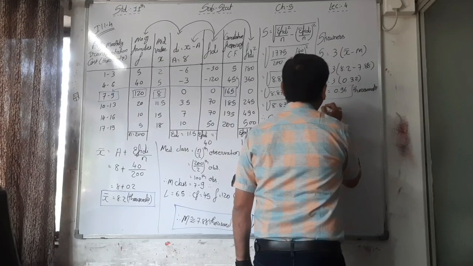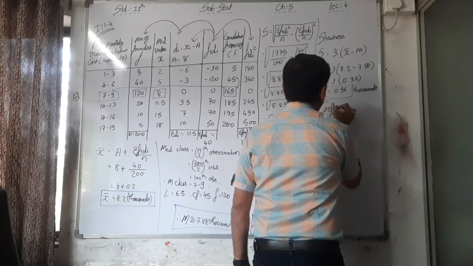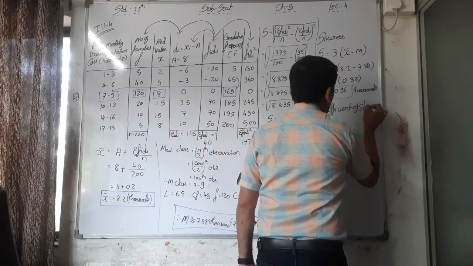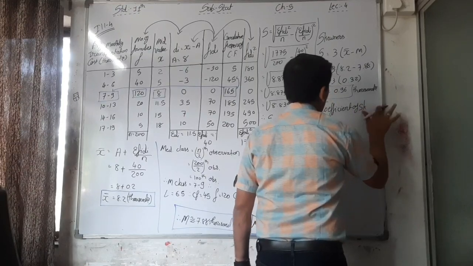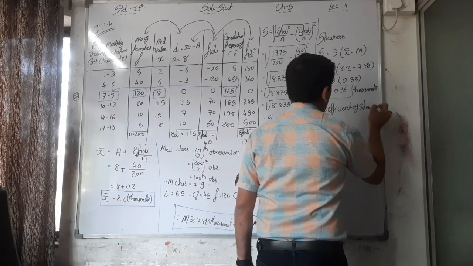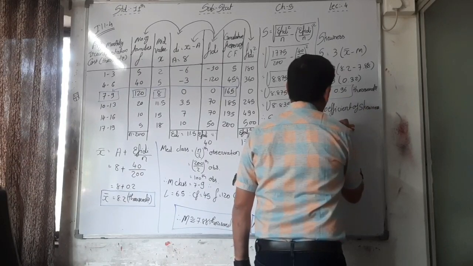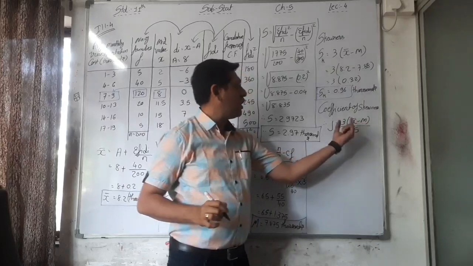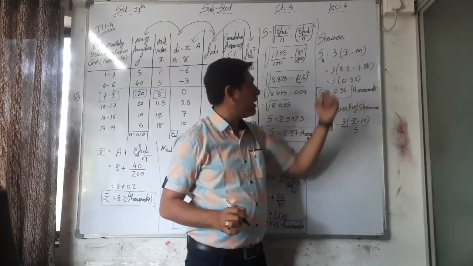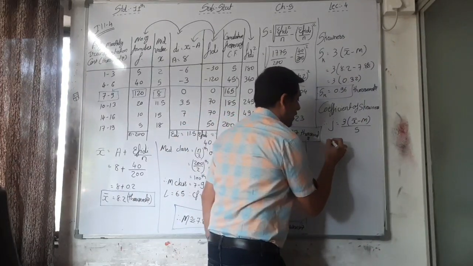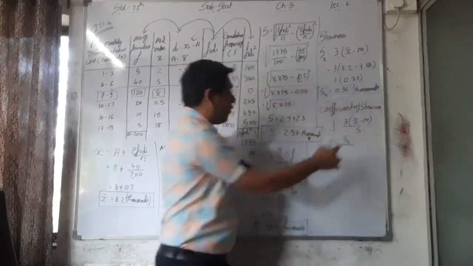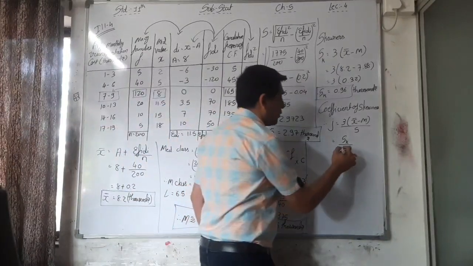But the coefficient of skewness, that is J, is equal to 3 into bracket x bar minus M upon s. See here, 3 into bracket x bar minus M is Sk. So here you can say Sk upon s, where the value of s is 2.97.